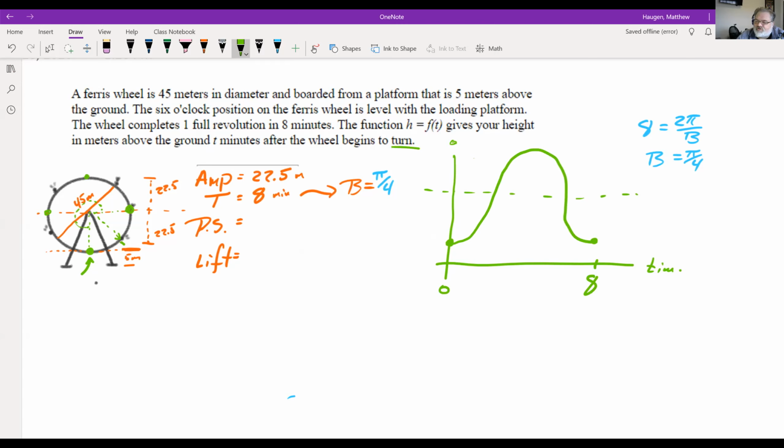So the wheel begins to turn, I'm going to say here, from the 6 o'clock. And of course, one of the nice things about that is it eliminates us having to have a phase shift.